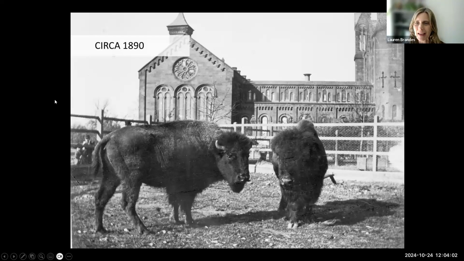So right now we're looking at a picture of the south side of the Smithsonian Institution building, which we affectionately call the Castle building. This is in the late 1890s.